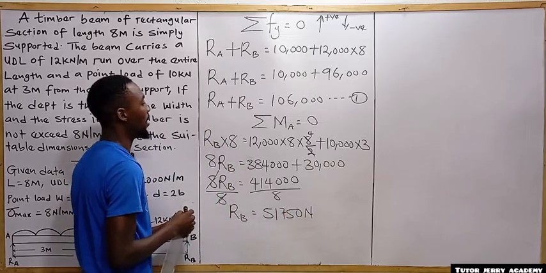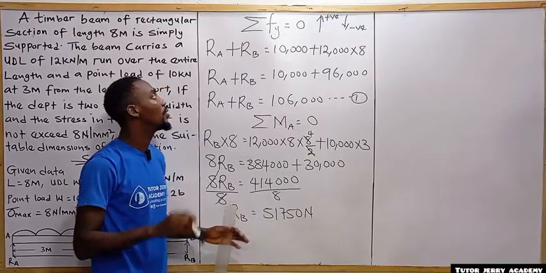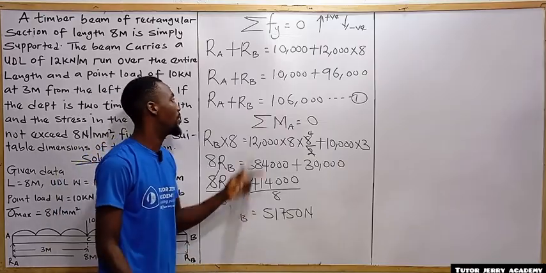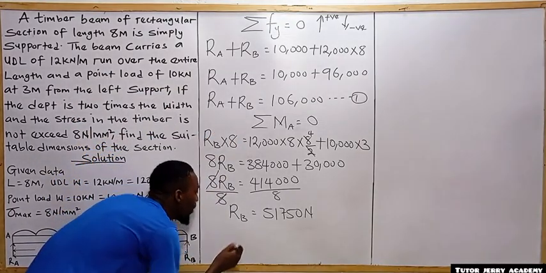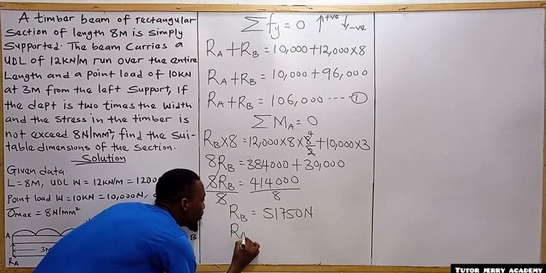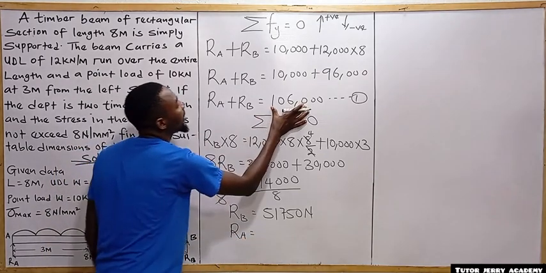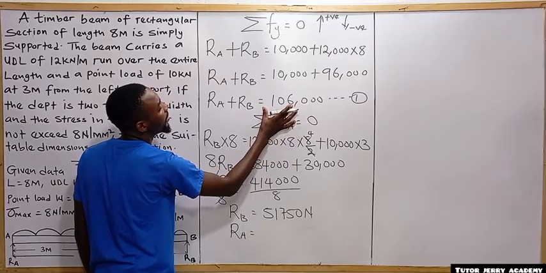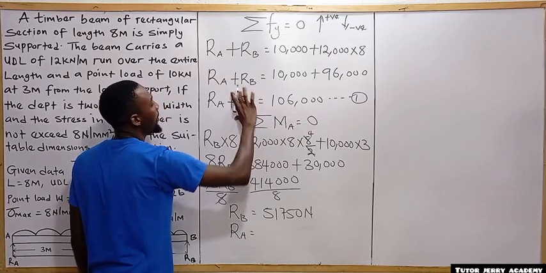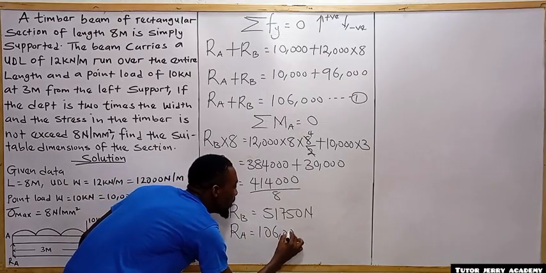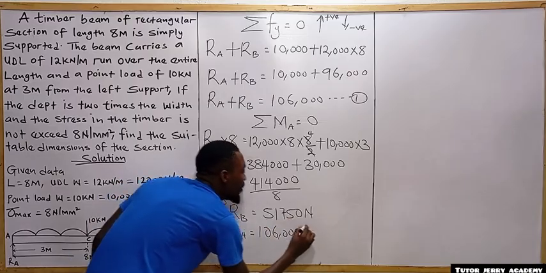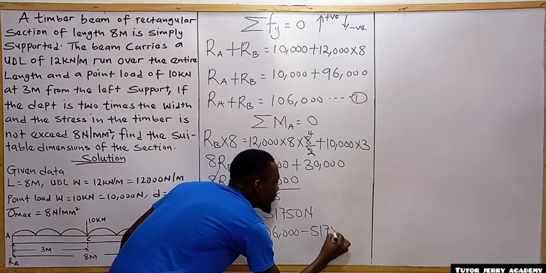Alright, so that will be our ROB. Now the next thing is to find our ROA. If you make ROA the subject here, we are going to have ROA equals 106,000 minus ROB, and our ROB is what? 51,750.